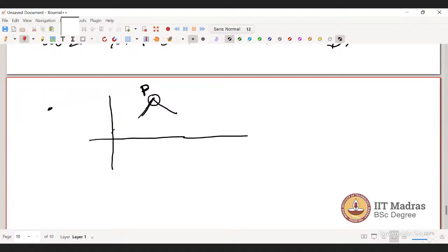When you have a situation like this, you can have multiple tangents. This can also be a tangent, this can also be a tangent, and at a single point there should be only one tangent.